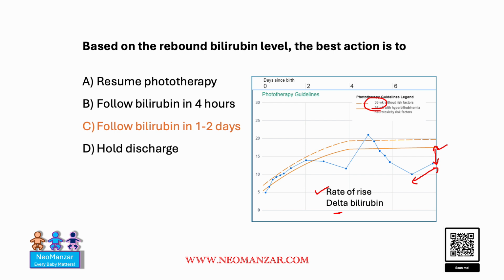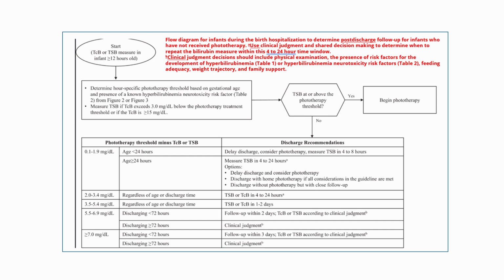Bear with me, we'll go to the next slide. So here again is the same concept: the phototherapy threshold minus the level, which I'm calling the delta bilirubin. So here we are on this row, the 4 lies here, and basically they recommend follow it up in 1 to 2 hours.